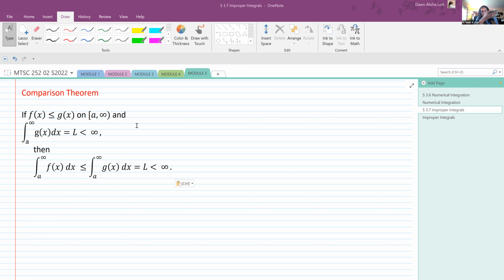And then I know that the integral from a to infinity of g of x is finite. This integral is finite and it converges. Then the integral from a to infinity of f of x has to be less than the integral from a to infinity of g of x, and that we know is finite. So since this integral is less than the convergent integral, this one converges as well.